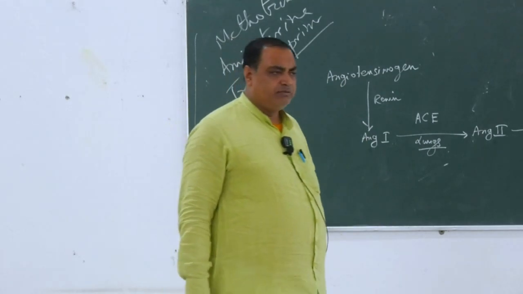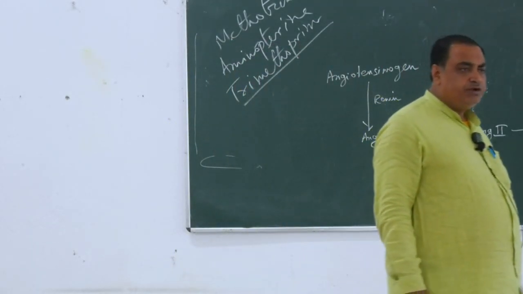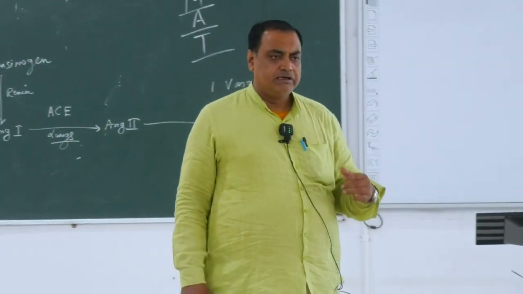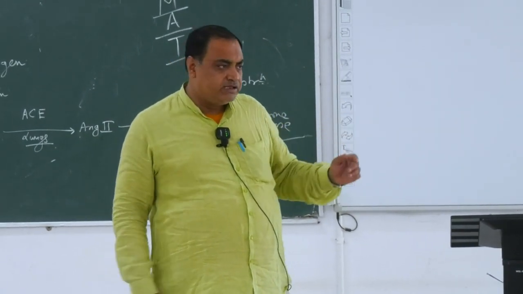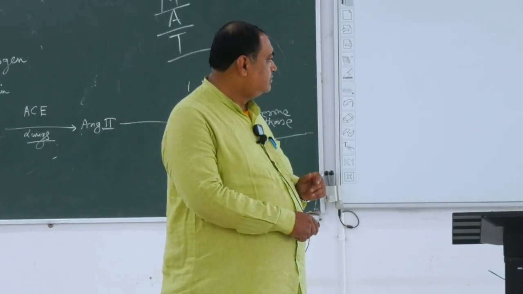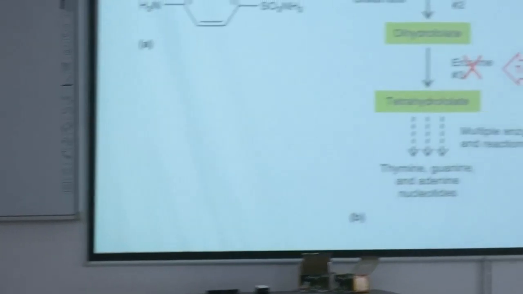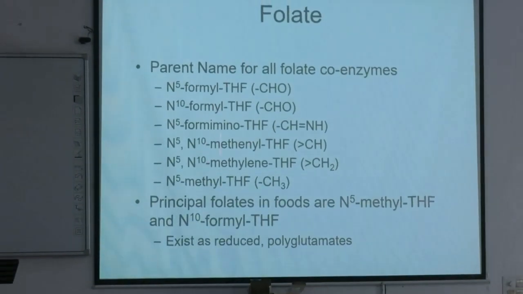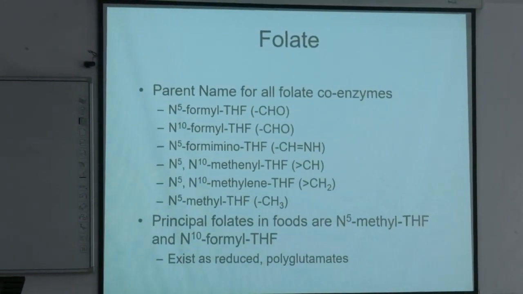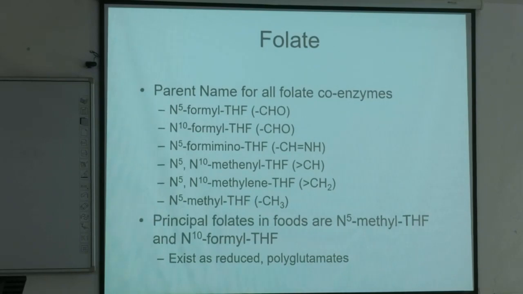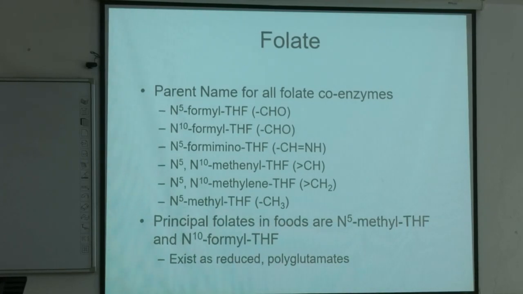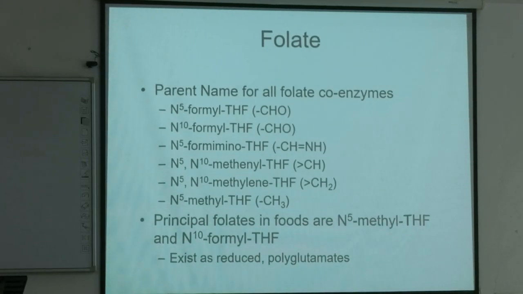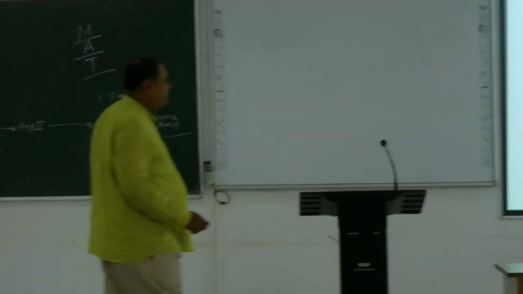So whenever the question on one carbon metabolism comes, we must ensure that we write the interconversion of these forms. Most of these forms can be interconverted. In one carbon metabolism, we have to give this interconversion between all these forms. Okay, we'll come to that.